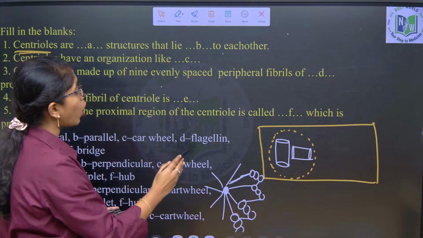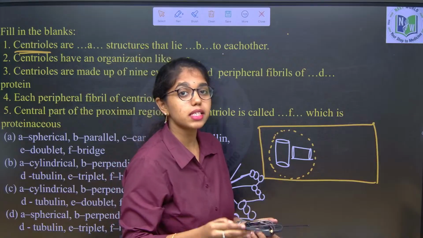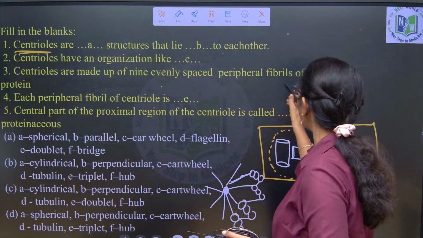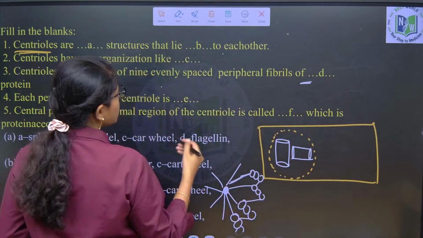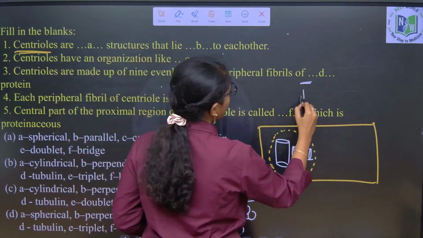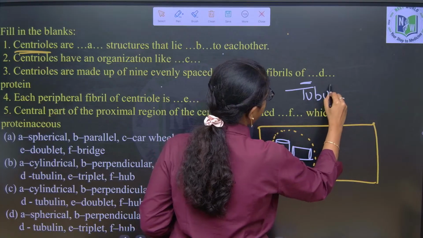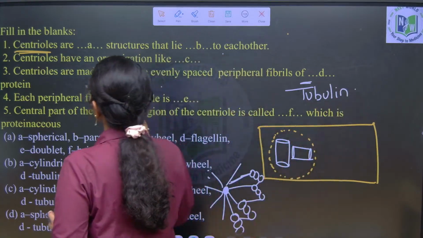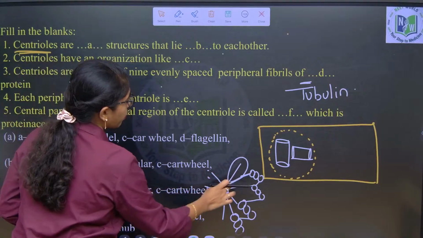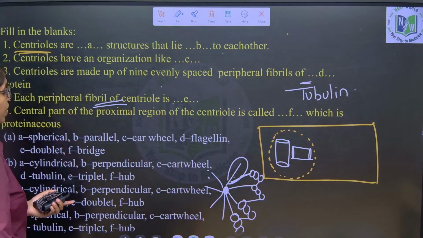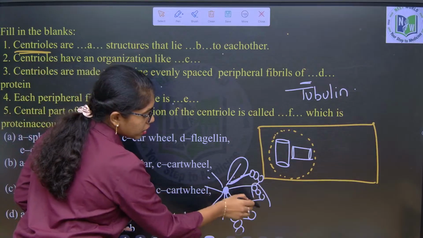Centrioles are made up of 9 evenly spaced peripheral fibrils of what? 9 evenly spaced peripheral fibrils which is made up of the protein tubulin. Each peripheral fibril of the centriole is a triplet. Okay, it is a triplet.